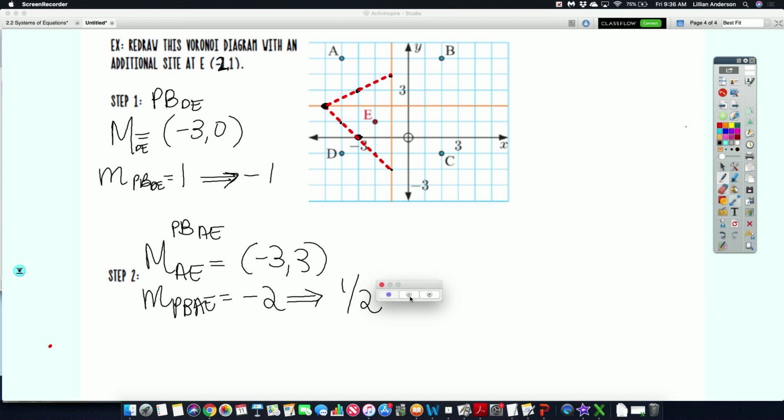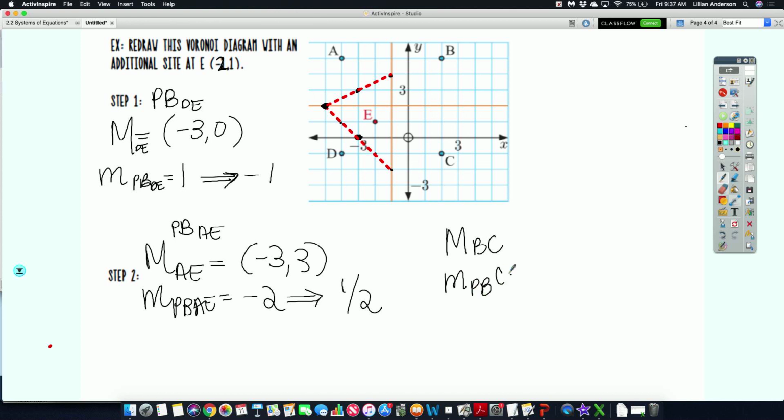So we are going to find the midpoint of BC, and we're going to find the gradient of the perpendicular bisector for BC. So the midpoint of BC is going to be 2, 2. Again, we can use our formula for midpoint to find 2, 2. And then the slope is undefined because it makes a vertical line.